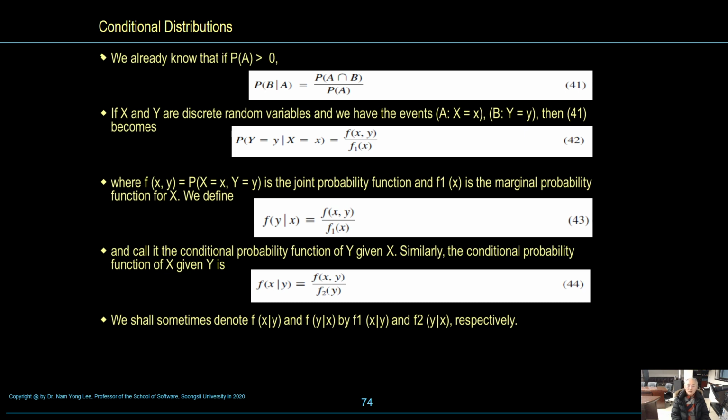Similarly, the conditional probability function of X given Y is f(x given y) equal to f(x,y) over f2(y). We shall sometimes denote these by f1(x given y) and f2(y given x) respectively.